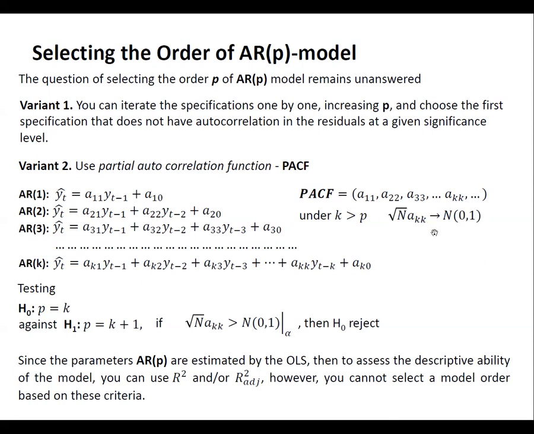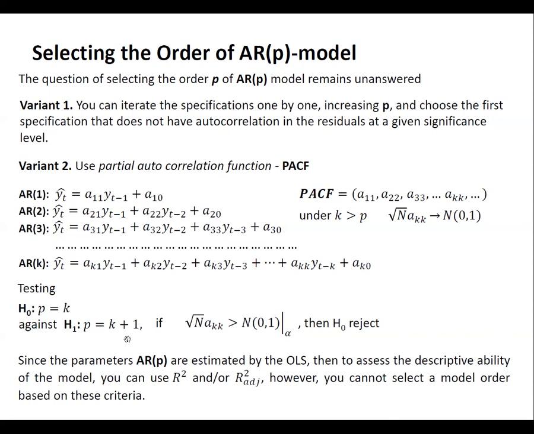K we sort through: 1, 2, 3, 4, 5, and so on, against the alternative hypothesis H1 that the optimal parameter is larger, i.e. P equals K plus 1, not the current one but the next.